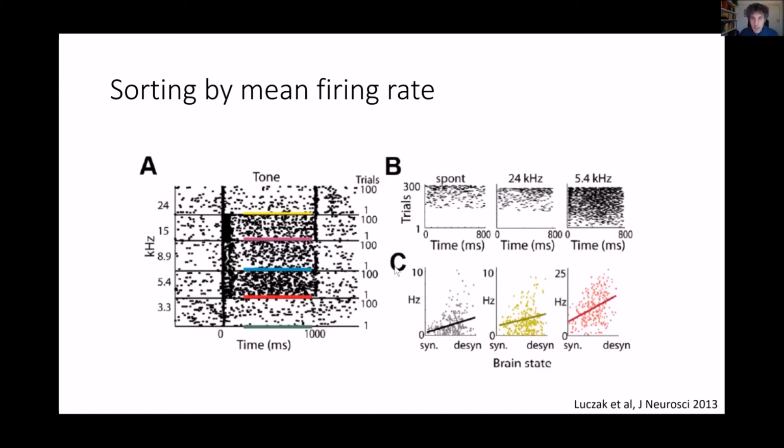So this is an example from prehistoric Michigan probe recordings made in rat auditory cortex. And you can see every one of these 5 bands is the response to a tone of a different frequency. Within the bands, they're just sorted by the time, the order in which the stimuli were presented.